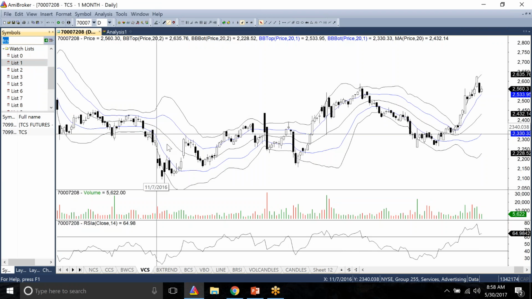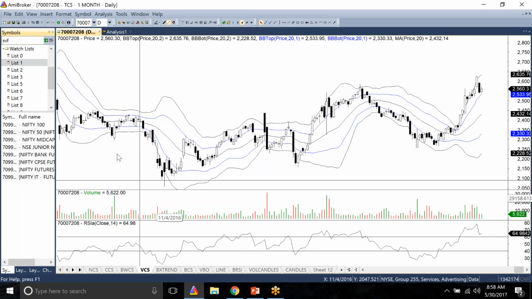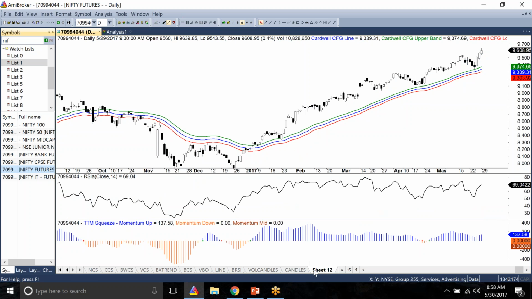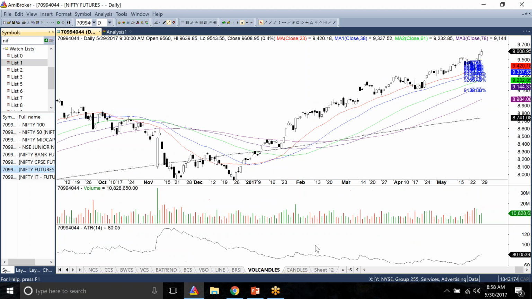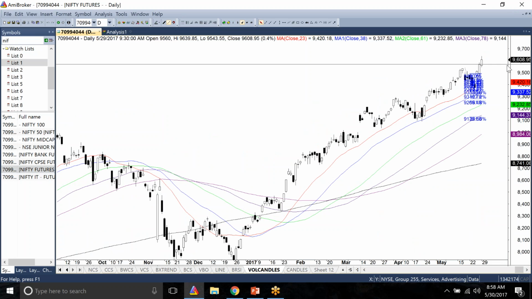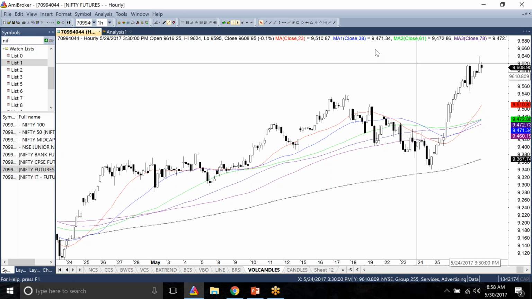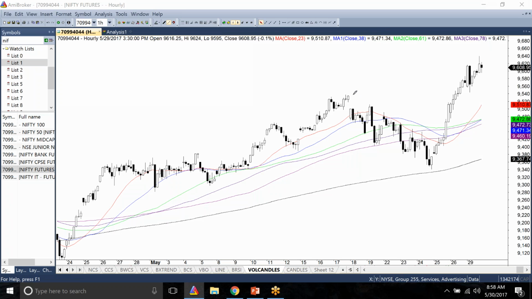I'm just taking the same chart that I have taken. Now, if you can recall, this was the cluster we were talking about here, but the price didn't halt here.